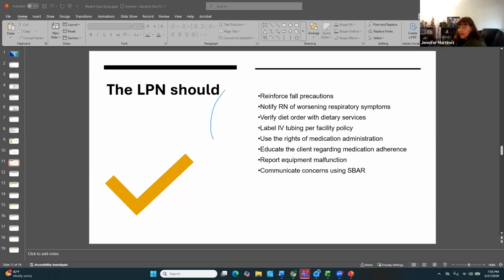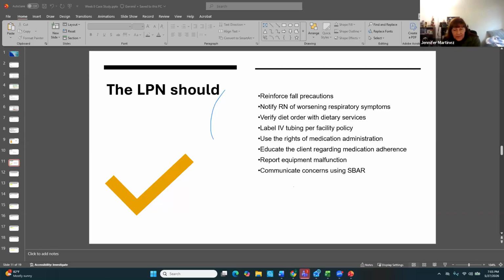But if we don't put the other resources into effect, like the social worker and some of those community resources, giving him the education about medication adherence and compliance is not going to be effective if he's not going to be able to pay for them, right? So again, those community resources are going to be really important.